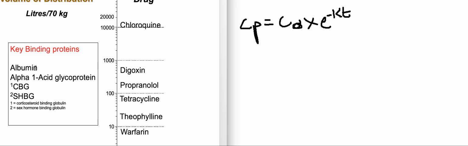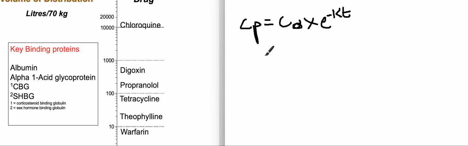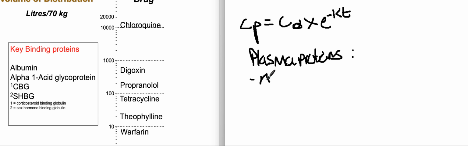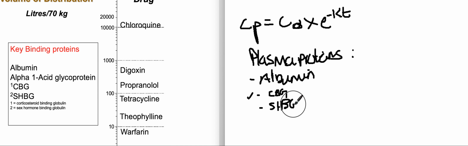So these are plasma proteins, so these include plasma albumin, CBG, which is corticosteroid binding globulin, sex hormone binding globulin, which is SHBG, and finally you have alpha-1 acid glycoprotein.